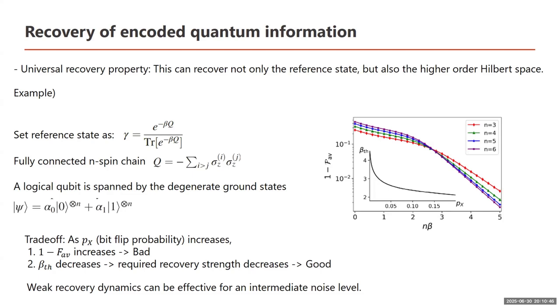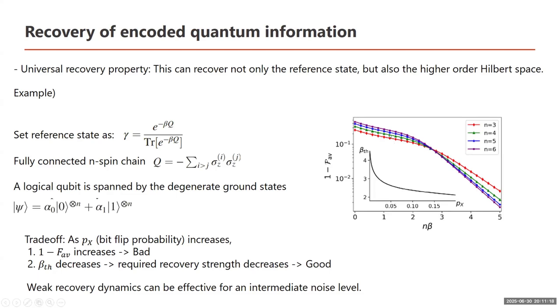But the beta threshold decreases as px increases. We can see in this figure that the beta threshold decreases like this, moving to the left side.